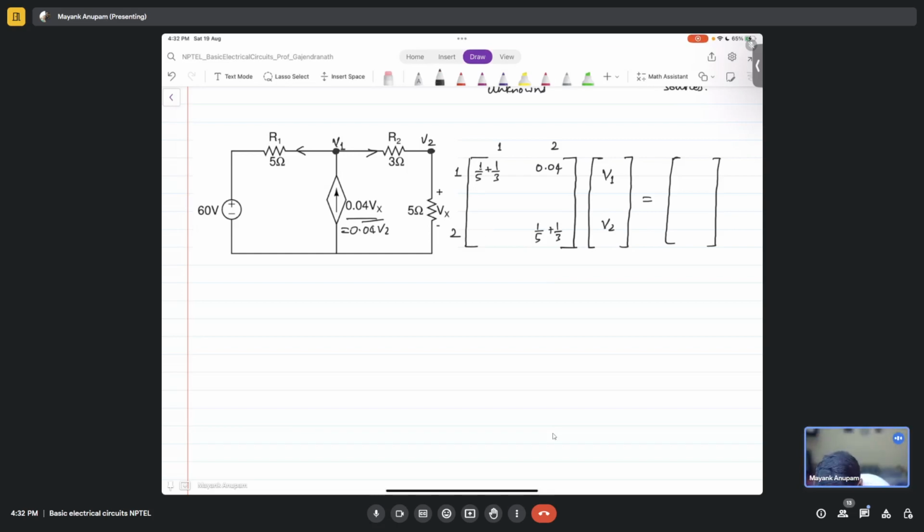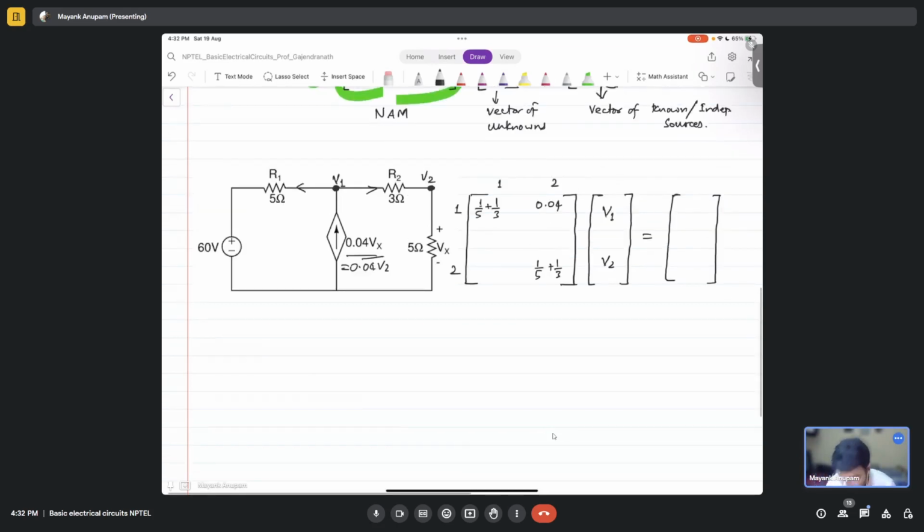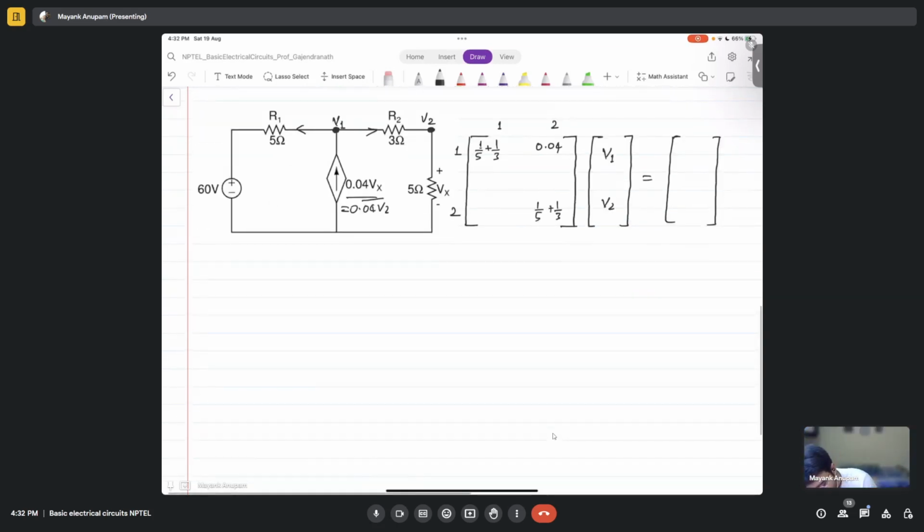Will we have any entry here? Yes, we will have the common conductance between 1 and 2. We'll have 1 over 3, right? Minus 1 by 3. Correct?